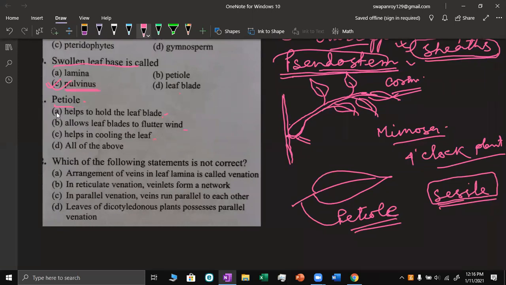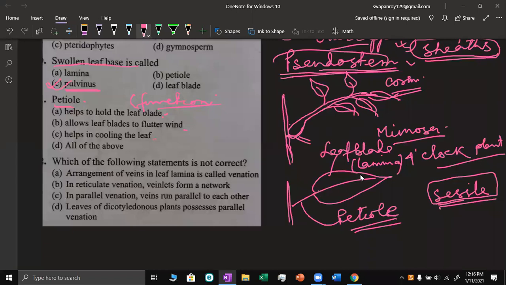This is actually the function of the petiole. It is true that the petiole is holding the leaf blade. This one is the leaf blade, which is also called lamina.